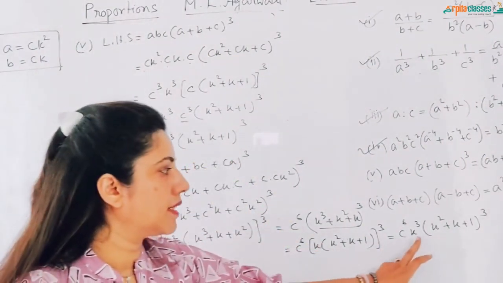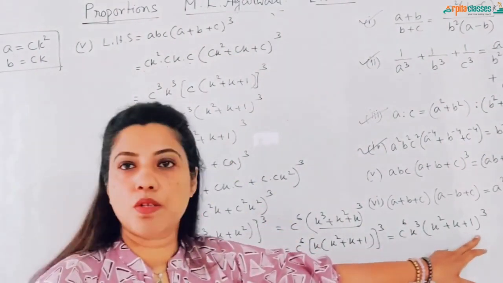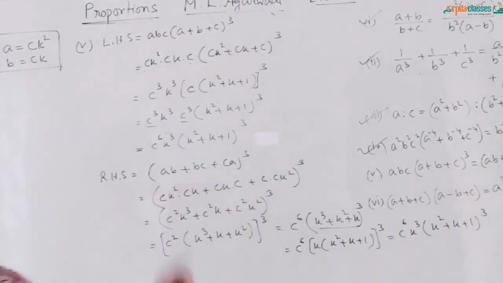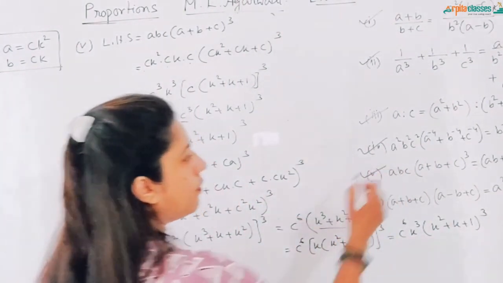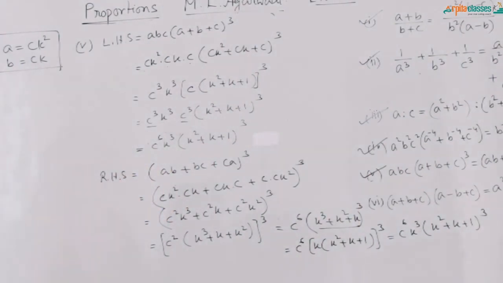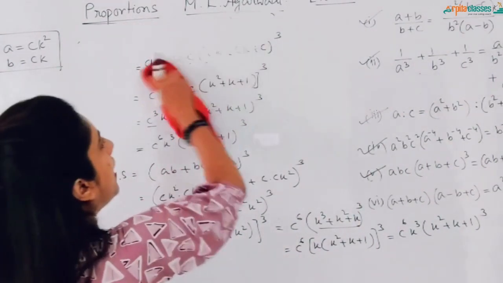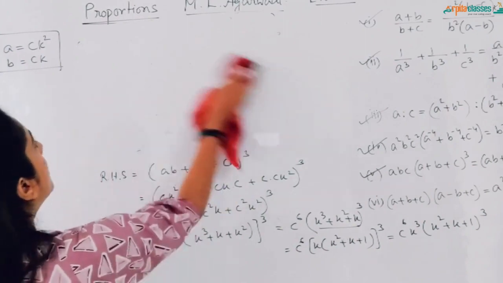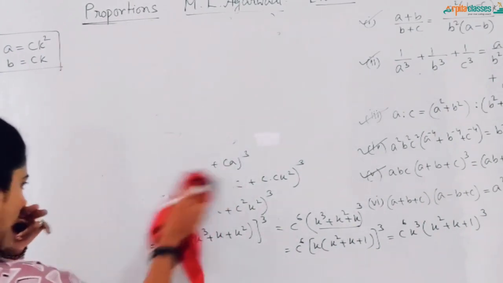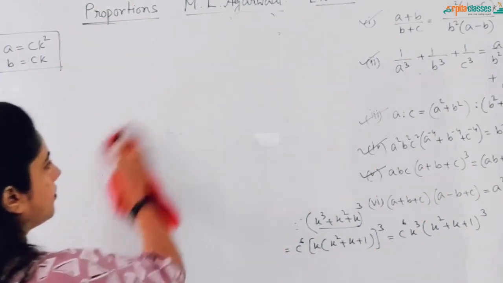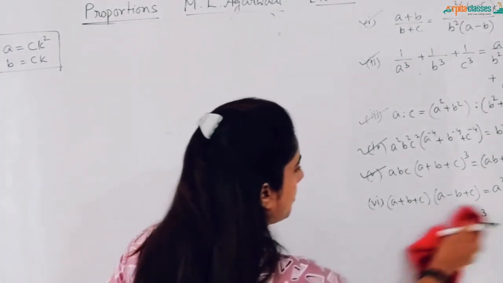In the right hand side, c^6 k cube, k square plus k plus 1 whole cube. So we got the same thing. Therefore, left hand side is equal to right hand side. We did the fifth question also. Let us proceed with the last question of question number 22. That is question number 6.